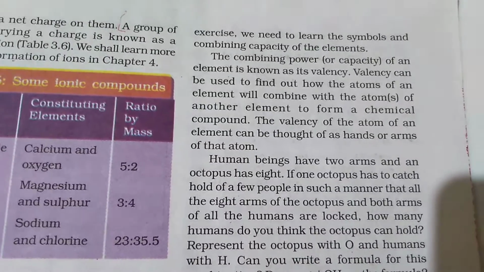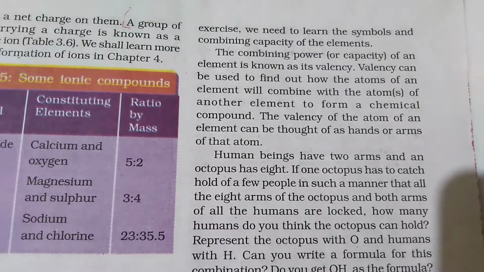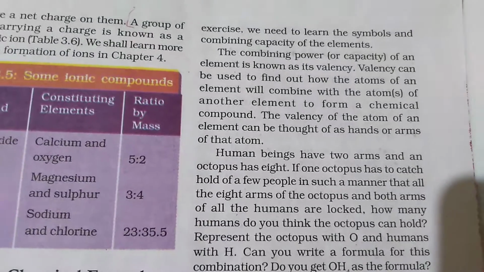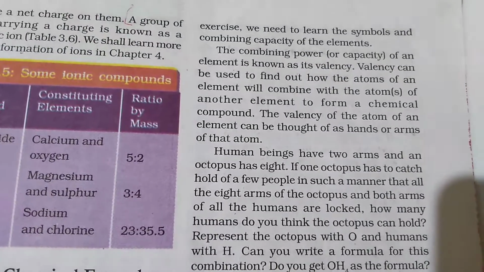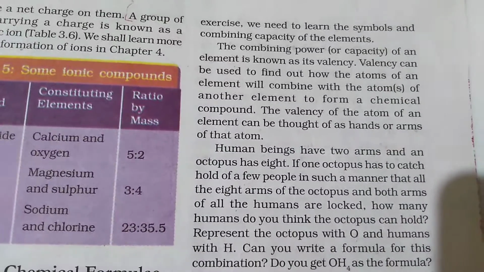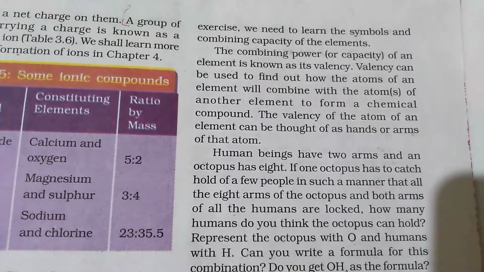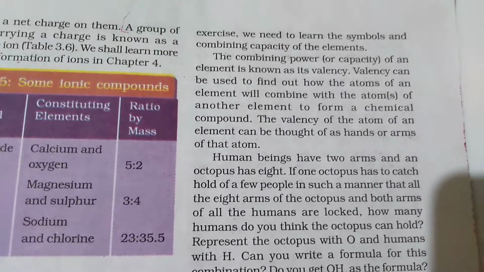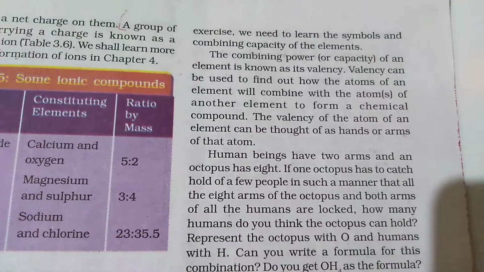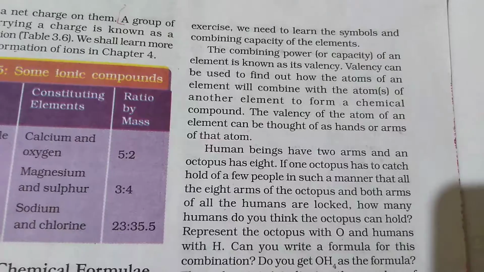In a compound, different elements are there, sodium, hydrogen, and oxygen. All three combine with their combining capacity. Oxygen we write as having a charge of 2, hydrogen +1, sodium +1.